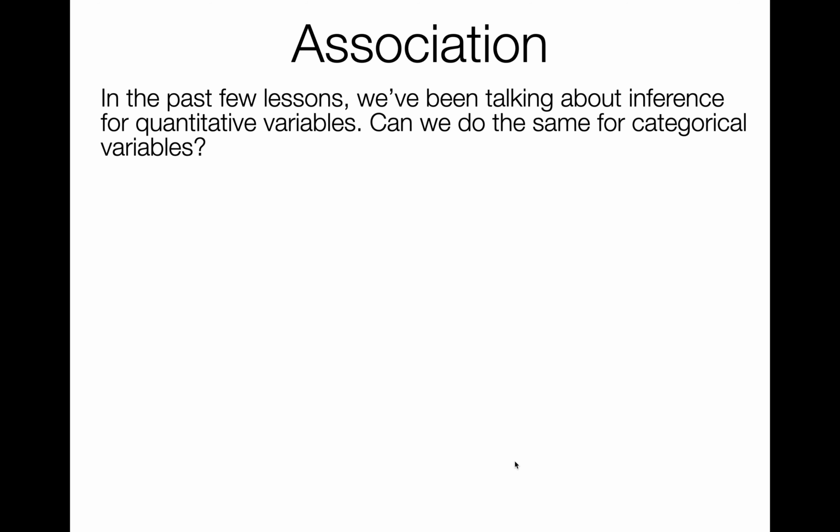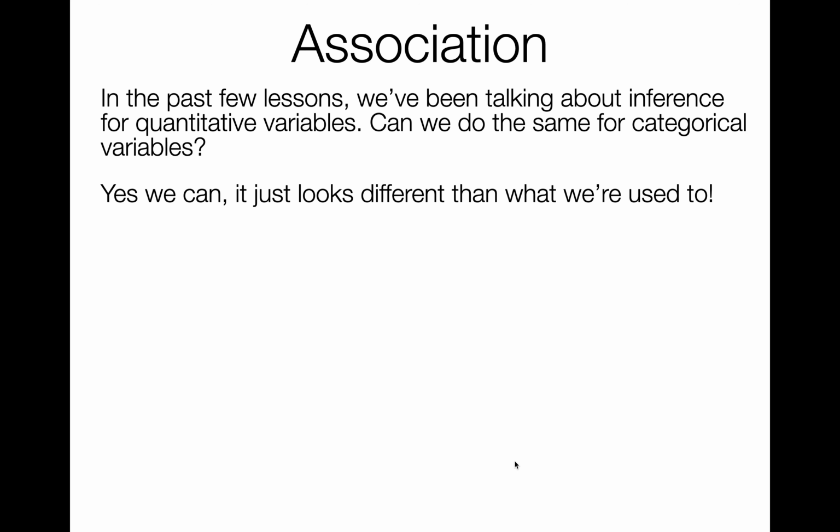But sometimes we're interested in variables which are categorical in nature, such as hair color or eye color or gender, right? And so, can we make similar sorts of inference decisions, such as maybe finding some sort of confidence interval or doing a hypothesis test for something about a categorical variable?